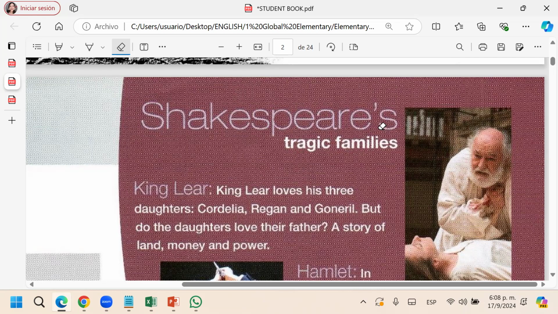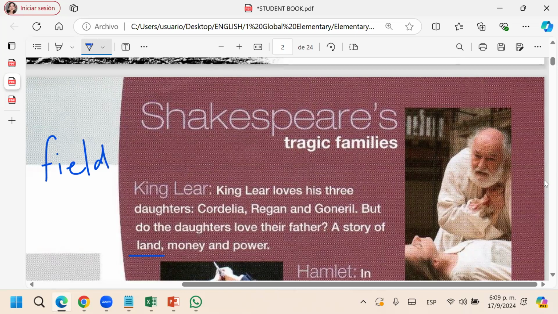Land, money, and power. You know what this is? What's land? Someone knows what the land is? Land is when we say, for example, field, the land, el terreno, las tierras.